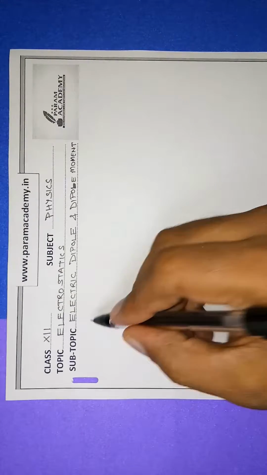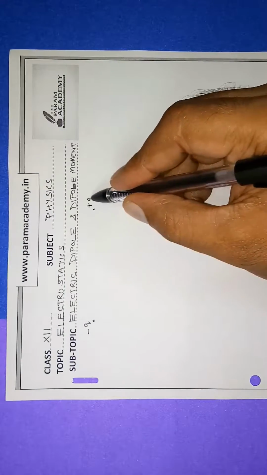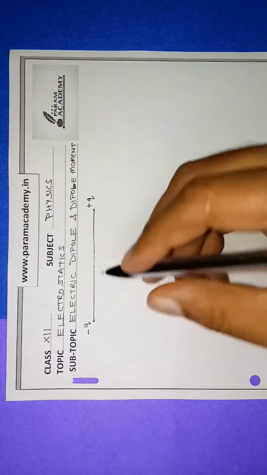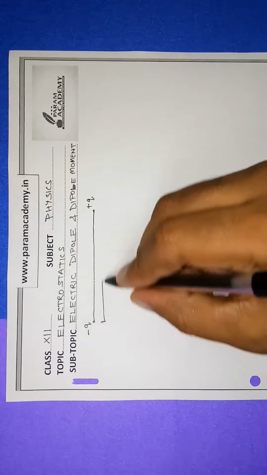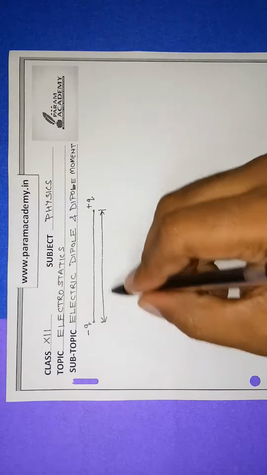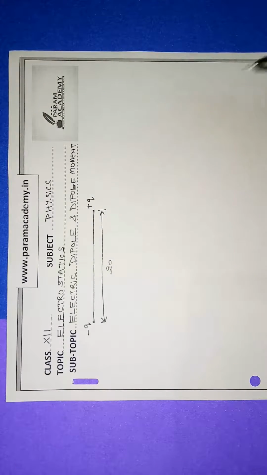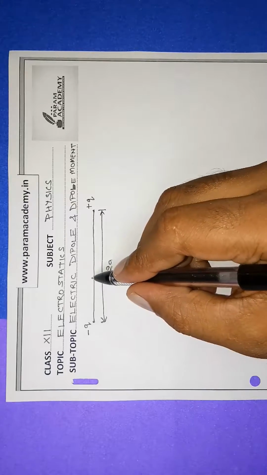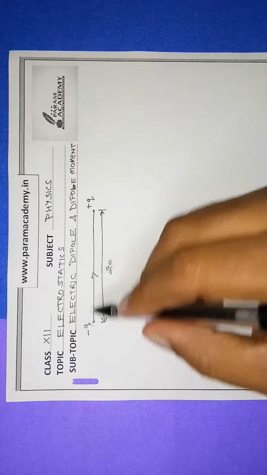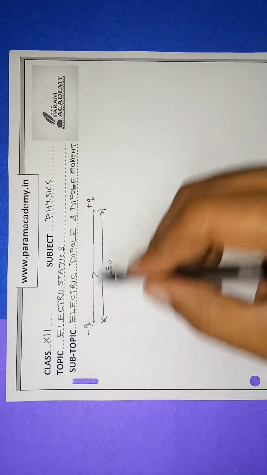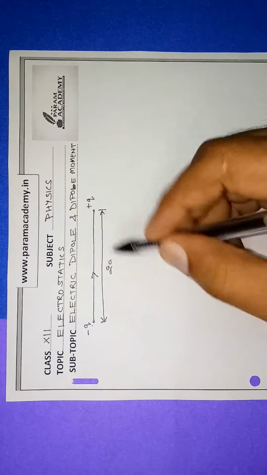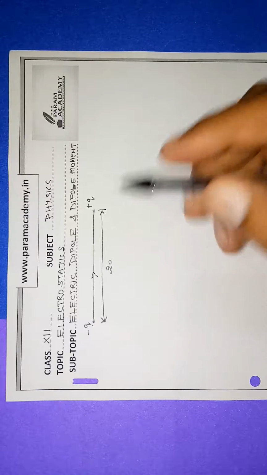If we have a charge minus q placed here and another charge plus q placed here, and they are separated by a small distance, let the distance be 2a, then this arrangement is called an electric dipole.